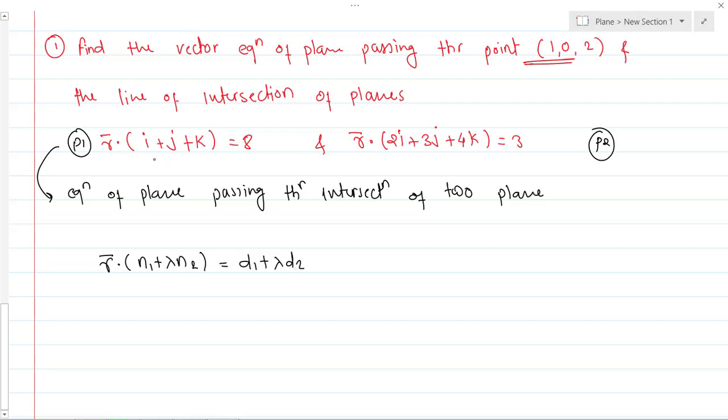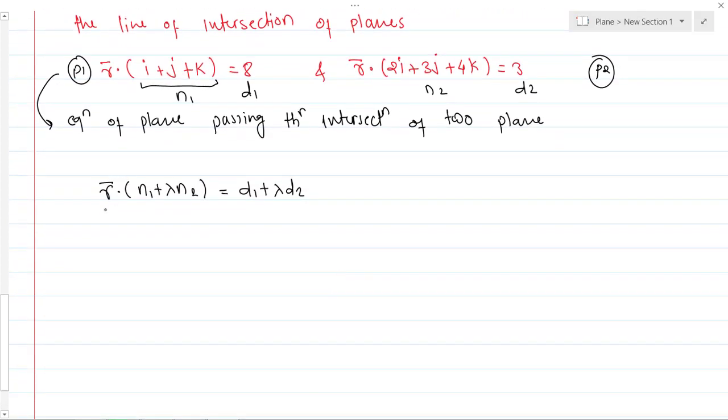This is n1, this is d1, this is n2 and this is d2. Let's substitute the values in this equation and we will get the final answer.